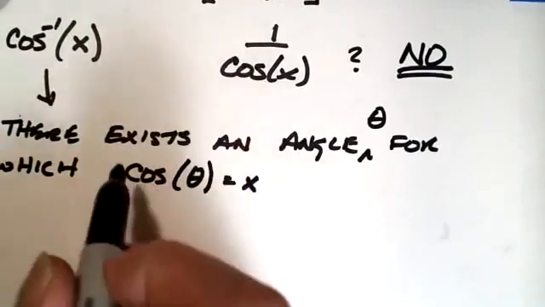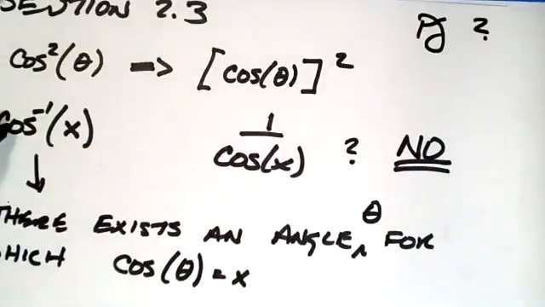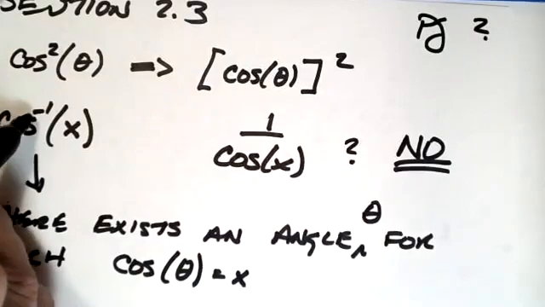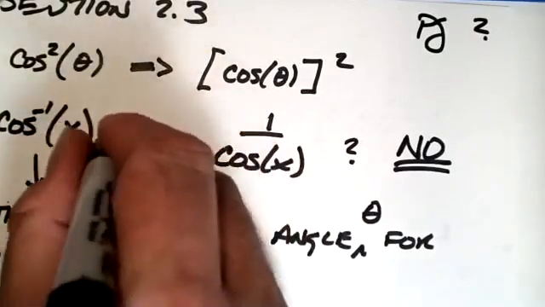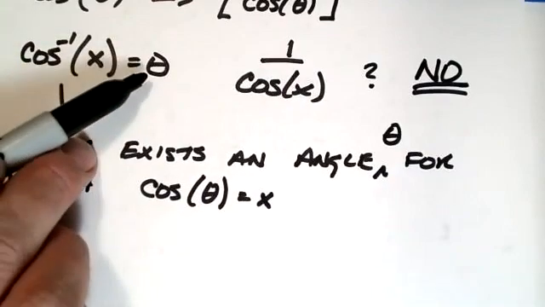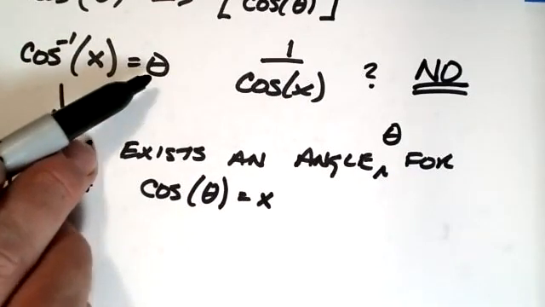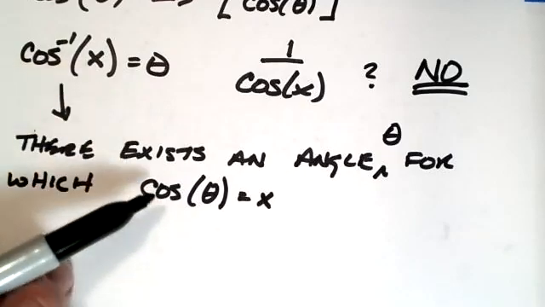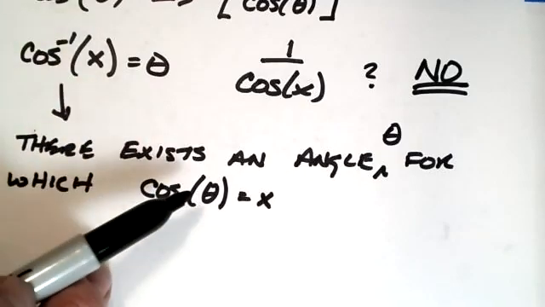Okay, that's what this is saying. When you write inverse cosine of x equal to theta, x maybe is a known number and you're trying to find the angle associated with it. These two statements are kind of equivalent.